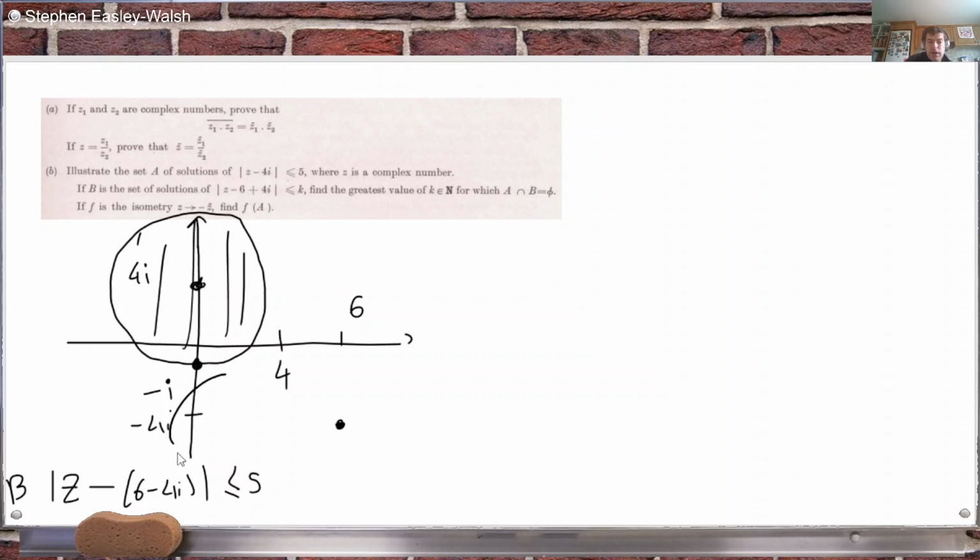So it will cross over the imaginary axis, but it won't quite reach the real axis because that's 6. Oh, sorry, no, I said that the wrong way around. It will reach the real axis because that's only 4 units away, but it won't reach the imaginary axis. So the circle is like here.